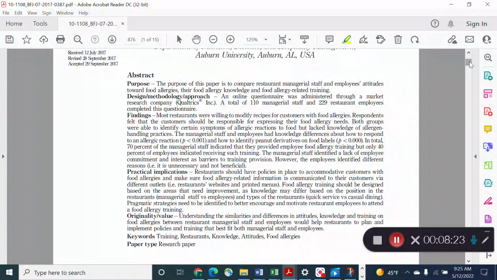Other ways of getting samples are what are referred to as convenience samples.